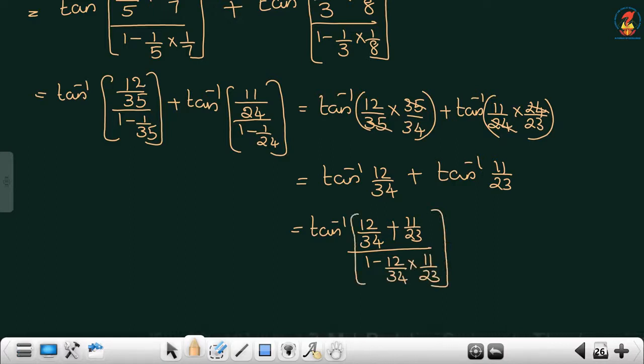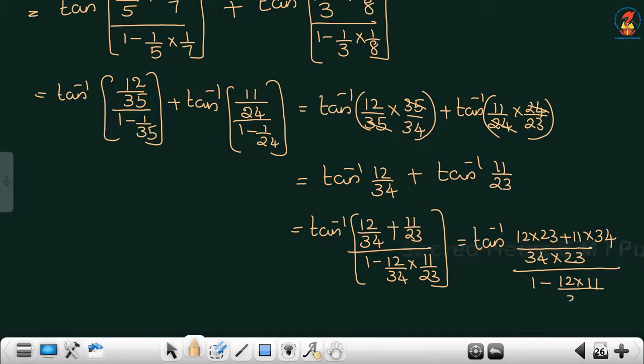Now do the calculations. Tan inverse 34 into 23 is the LCM. The numerator is 12 into 23 plus 11 into 34, by 1 minus 12 into 11 by 34 into 23.